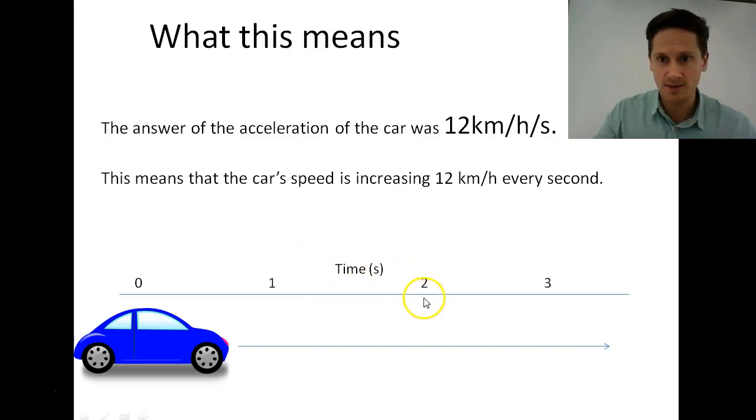At 2 seconds, the car would be traveling at 24 kilometers per hour. And after 3 seconds, the car would be traveling at 36 kilometers per hour. And so on and so forth. So you're adding 12 kilometers per hour every time to the speed of that car. So that's basically how it works. And the longer it's experiencing that acceleration, the higher the max speed will be.